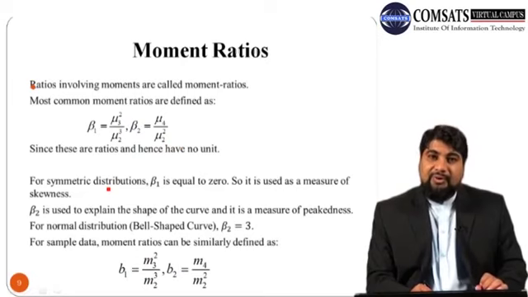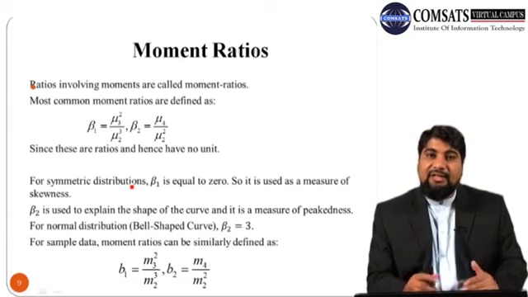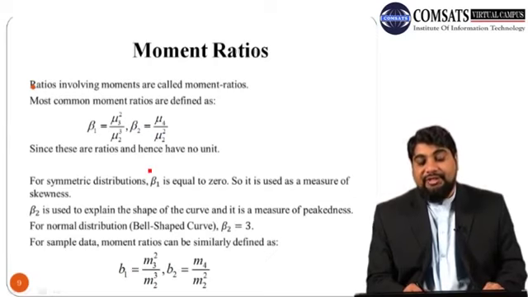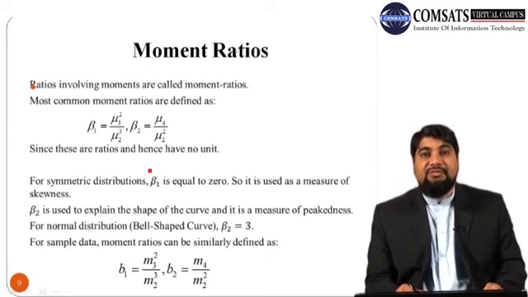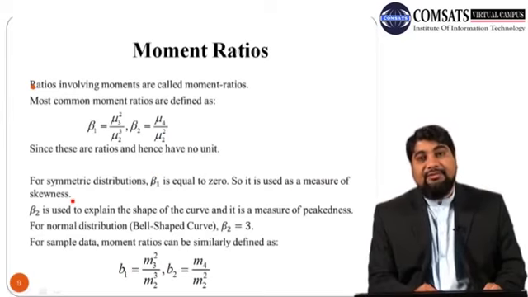Now there are some important points to be noted related to these moment ratios. For symmetric distributions, equally spread distributions, just like the bell curve or the uniform distribution or the triangular distribution, beta 1, the first moment ratio, is always equal to 0. It is used as a measure of skewness.